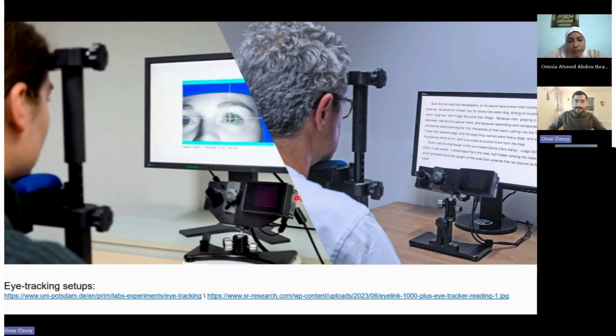This is one of the larger models. It has an infrared camera on the left, and it has an infrared light sensor that sends out the light and also measures where the light comes back.